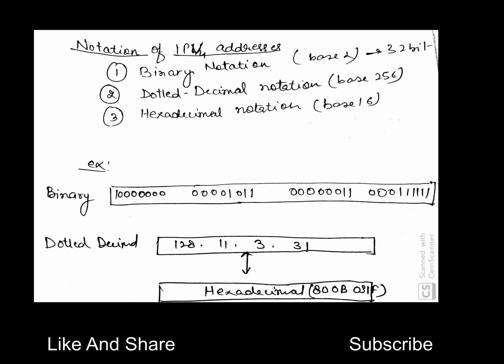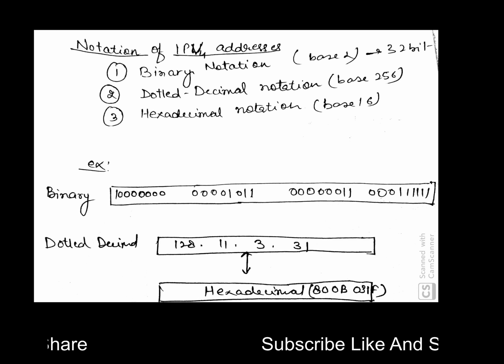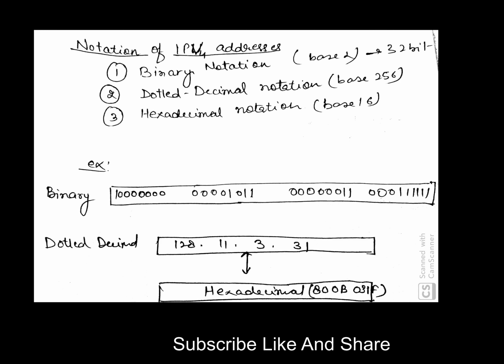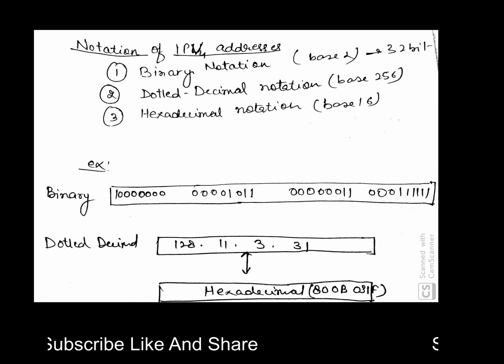Every machine uses binary notation. The second one is dotted decimal notation, which has base 256, and the third one is hexadecimal notation, which is the base 16 system.